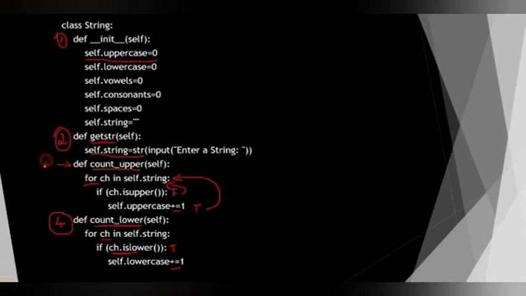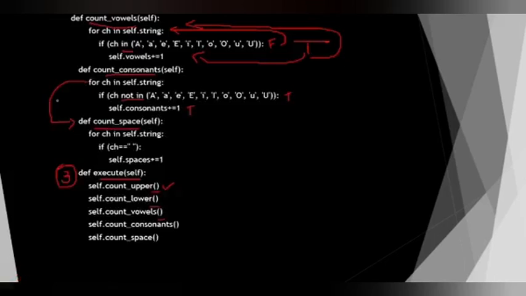This is the fourth function executed. After this one, count_lower is executed. This is the fifth function. After this one, count_vowels. This is the sixth function. After this one, count_consonant is executed, and then count_spaces. This is the eighth function executed.